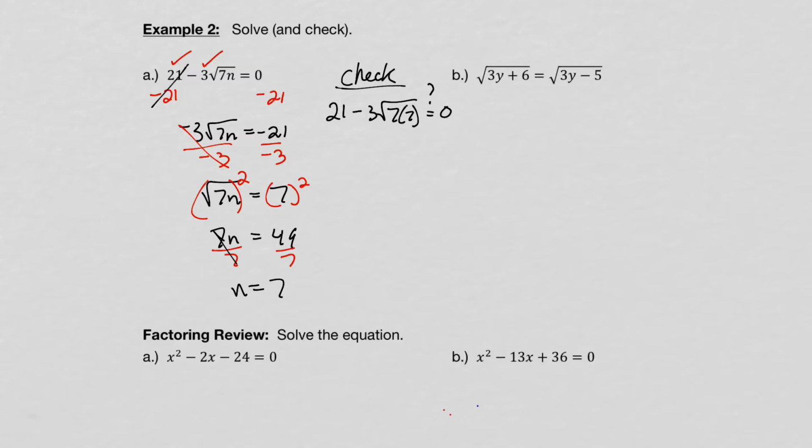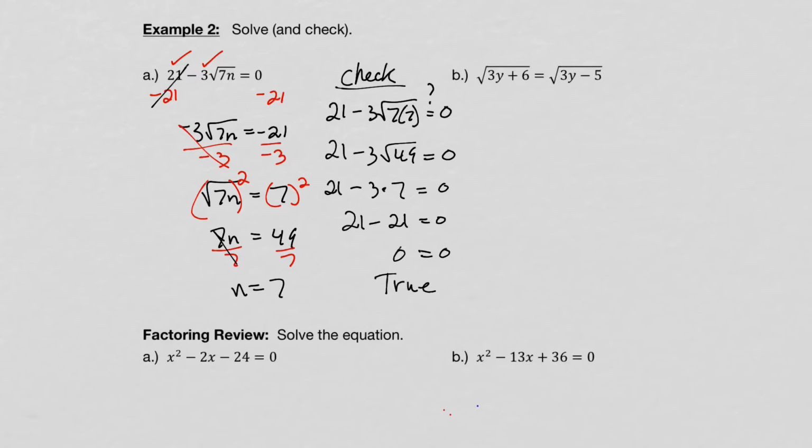So do we get 0 from this? Well, 3 times the square root of 49. 3 times 7, 21 minus 21, which is 0.